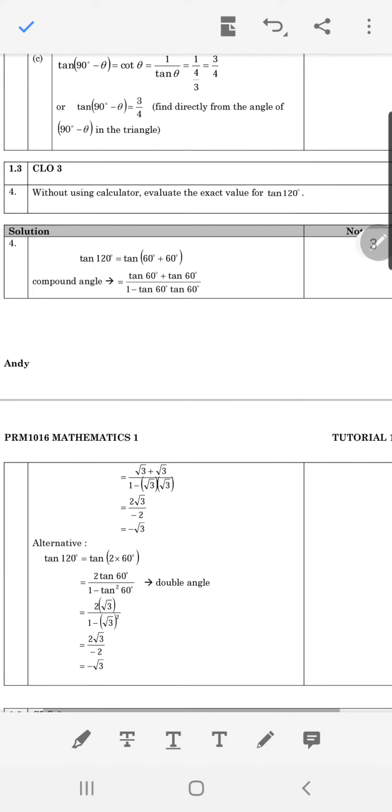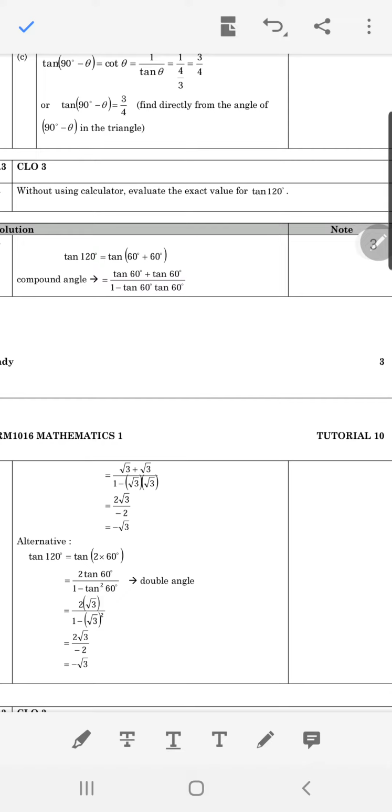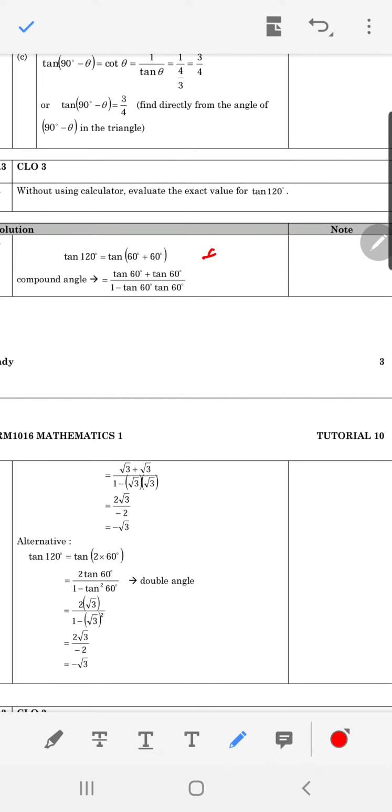So tangent 60, tangent 2 theta. This one is the formula for tangent 2 theta, which is 2 tangent theta over 1 minus tangent square theta.